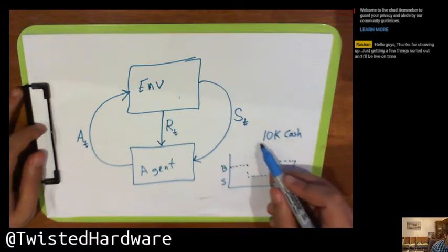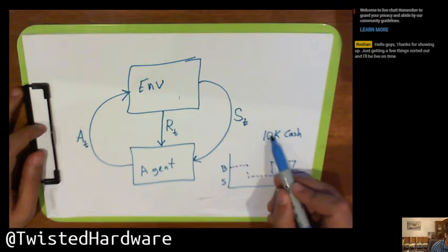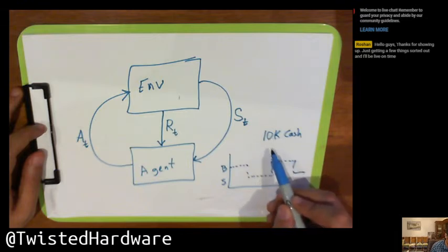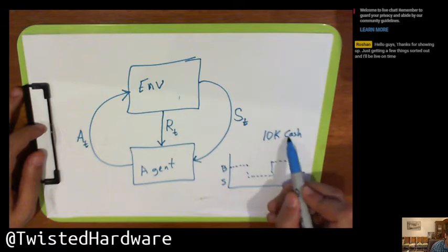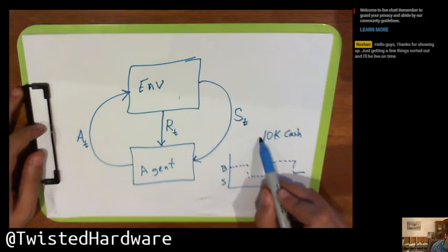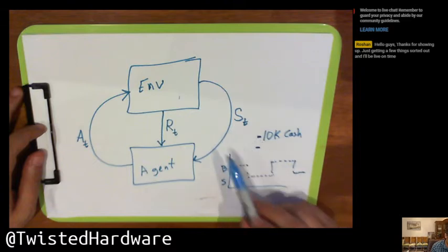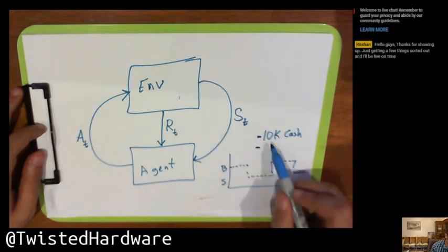So if it's, let's say, 201, you will always end up with some change in here. So your value over time will be whatever is in your cash and whatever is the value of your holding.